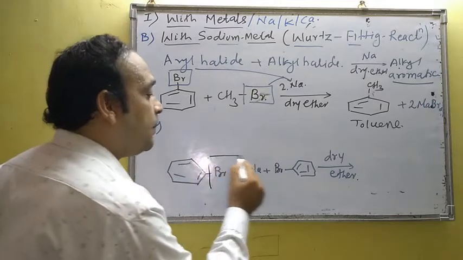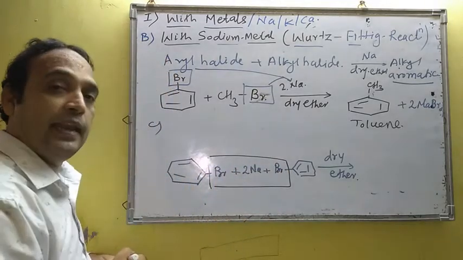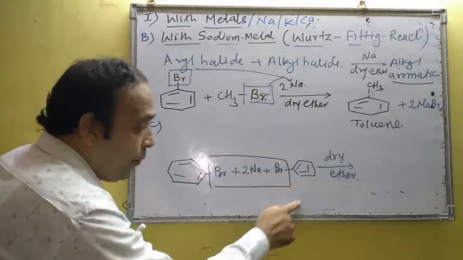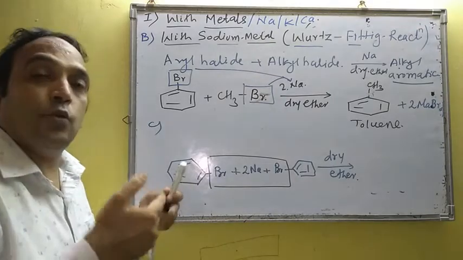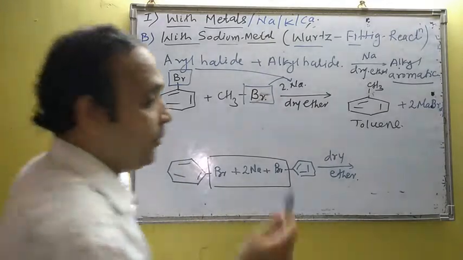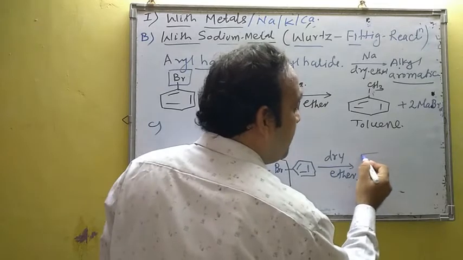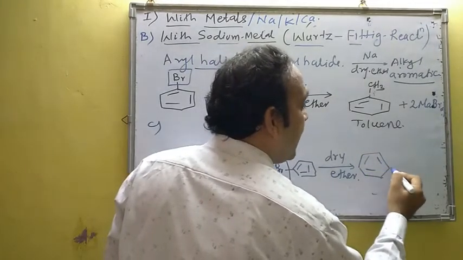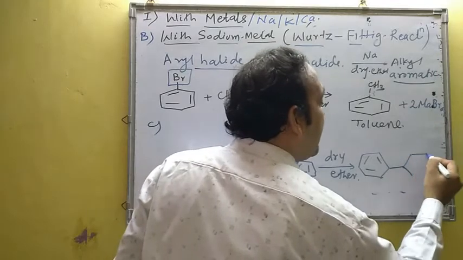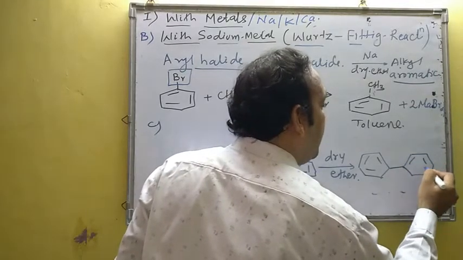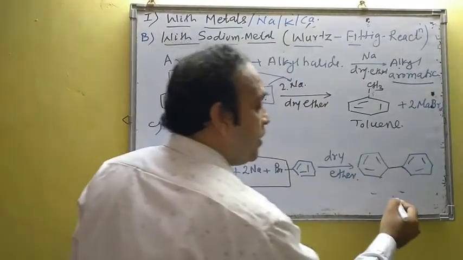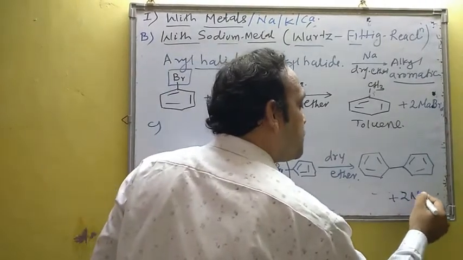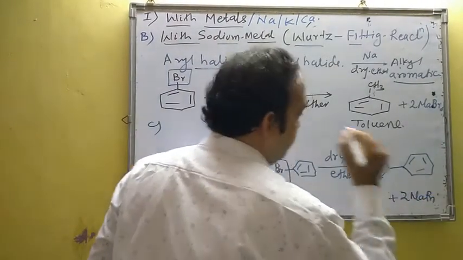फिर मेरा कौन सा पार्ट रिमूव हो जाएगा यहाँ से? twice of NaBr, और ये दो बेंजीन एक दूसरे से अटैच करेंगे थ्रू कार्बन कार्बन सिंगल बॉन्ड. मींस माय एक्सपेक्टेड प्रोडक्ट विल बी, see this one is your one benzene ring attached to second benzene ring plus twice of NaBr.